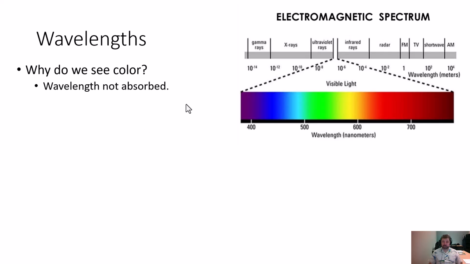There are other organisms such as mantis shrimp that are deca or even higher chromatic. So there are 10 different wave patterns that they can see. They see way more portions of visible light. They can also detect ultraviolet and infrared rays.